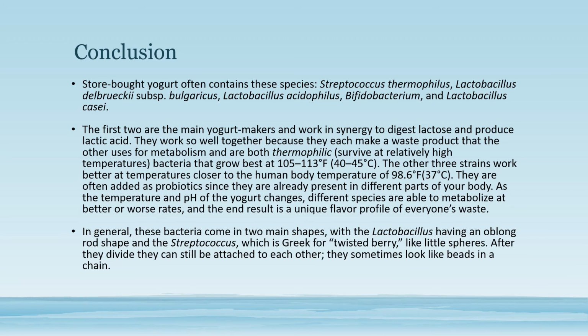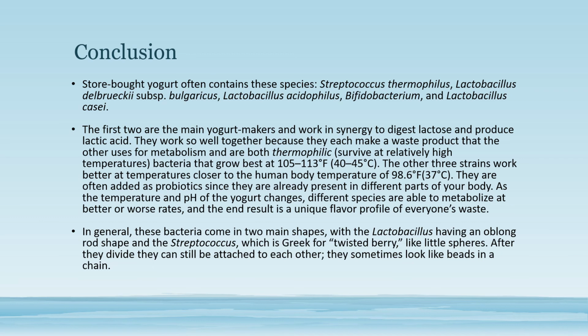These bacteria grow best at 105 to 113 degrees Fahrenheit or 40 to 45 degrees Celsius, and the other three strains work better at temperatures closer to the human body temperature of 98.6 degrees Fahrenheit or 37 degrees Celsius.